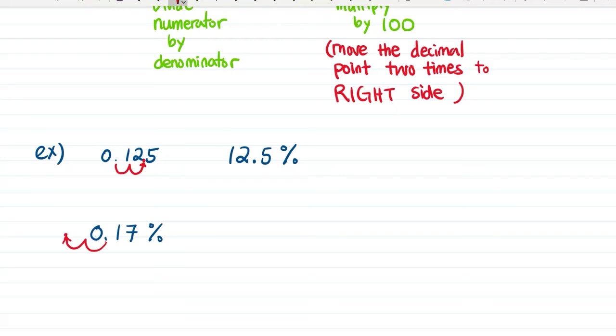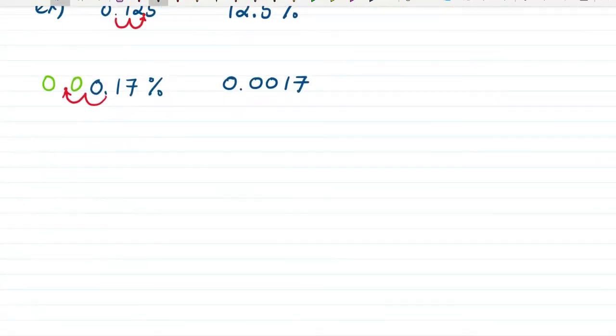And if there is any gap, if there is no number, then you will fill in with the 0. So it will be 0 over here and 0. Always start with the 0 before the decimal point. So our decimal value of 0.17% is 0.0017.